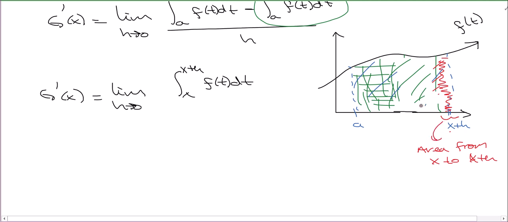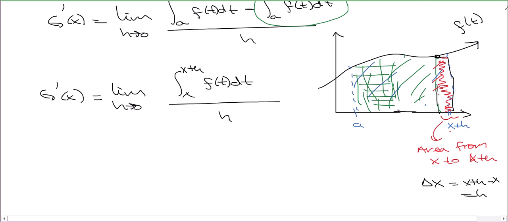H is supposed to be small. So I'm left with that, divided by h over here, but this is just a sliver, so it's really just a rectangle. What's the area of a rectangle? What's the distance from x to x plus h? My delta x there is x plus h minus x, which is just h.